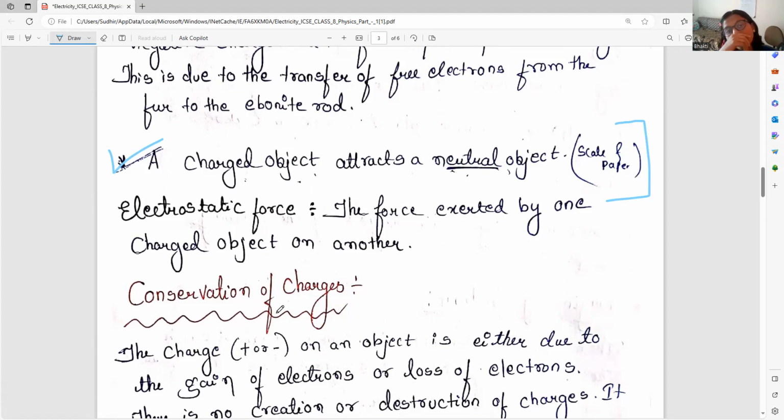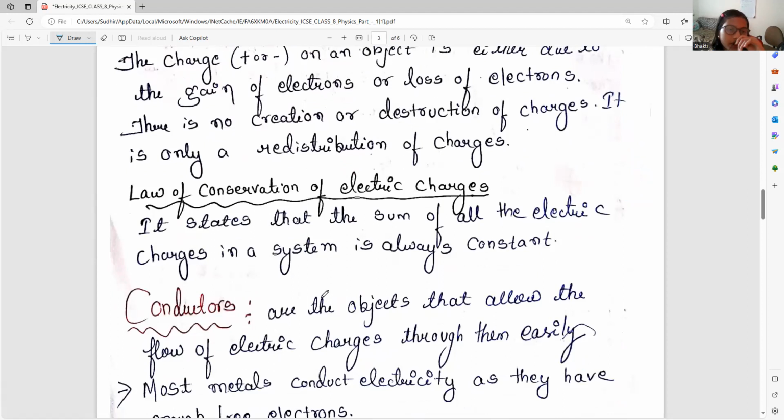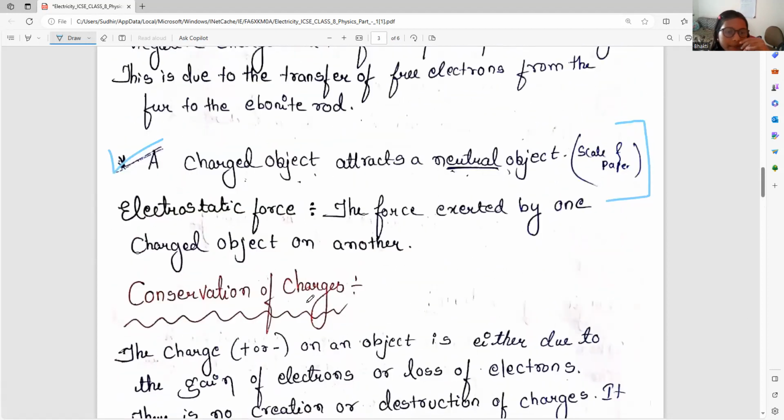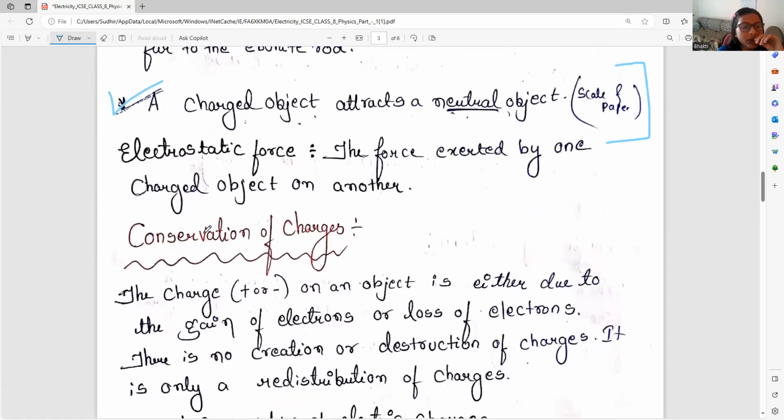In non-contact forces, there are magnetic, electrostatic, gravitational, etc. So electrostatic force is the force exerted by one charged object on another object. We already learned it, but we will recall it again.